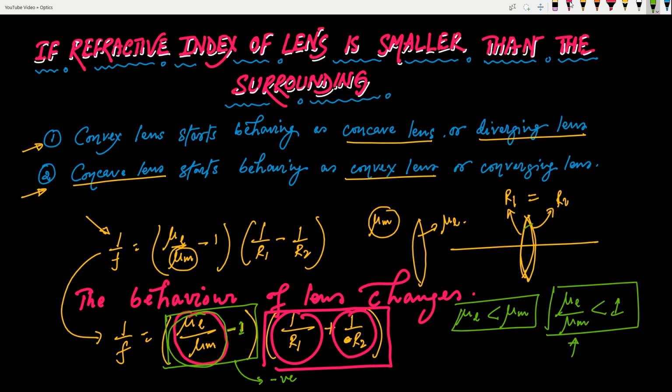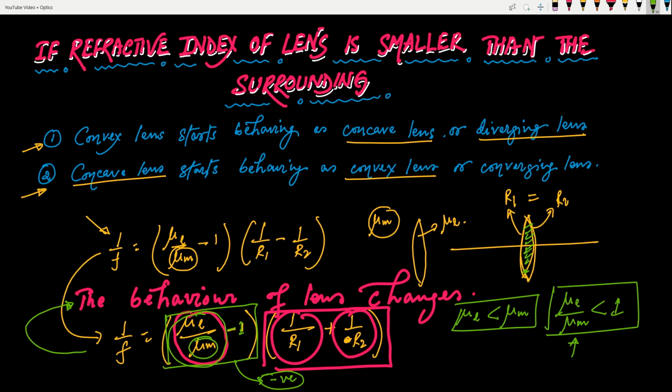But we are dealing with a convex lens, and we know for a convex lens the focal length is positive. But since mu M is greater than mu L, we are getting a negative focal length, which ultimately tells us that the behavior of the lens changes when the refractive index of the lens is smaller than that of the surrounding. I hope the concept is clear.